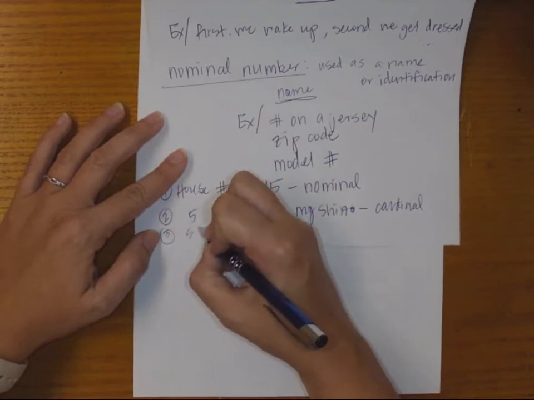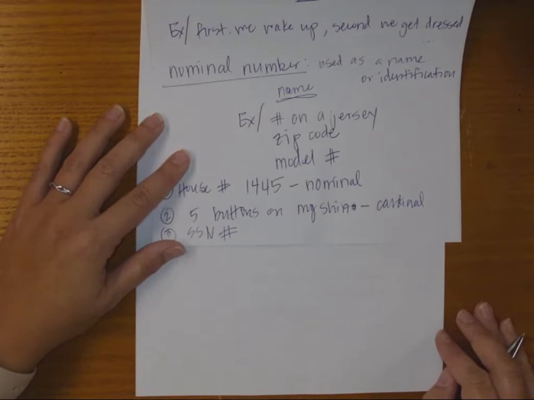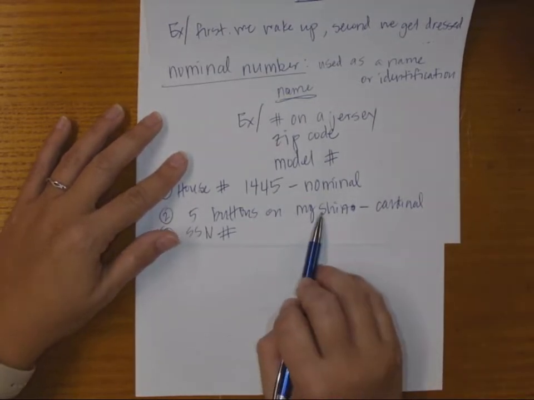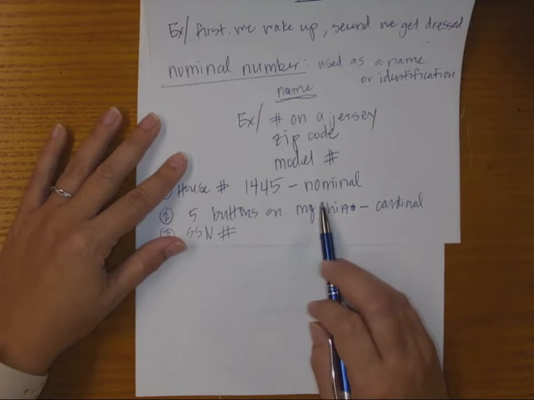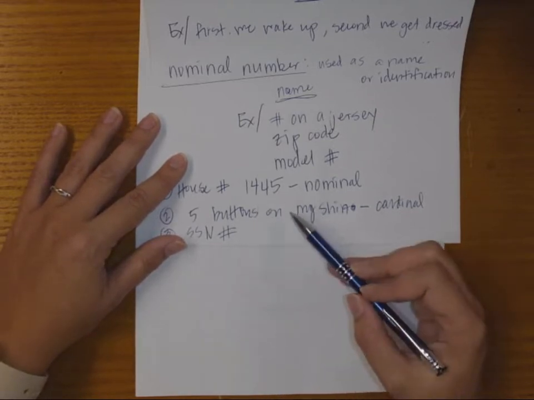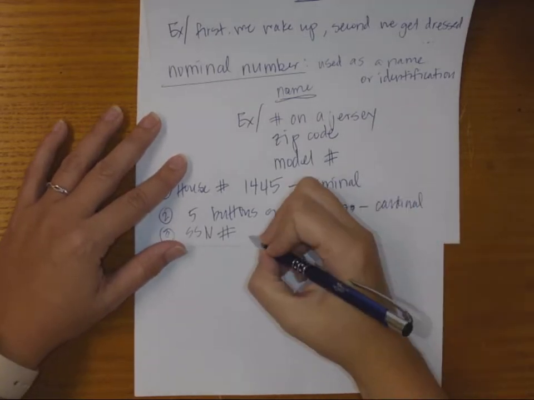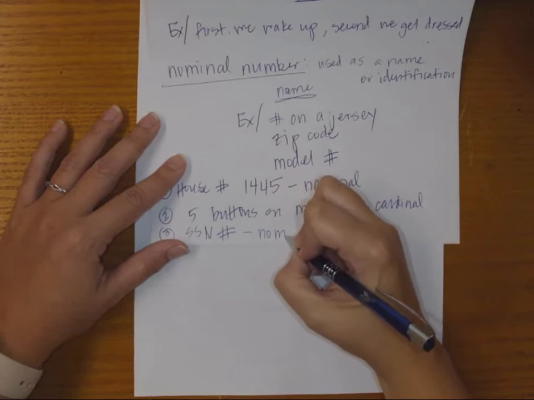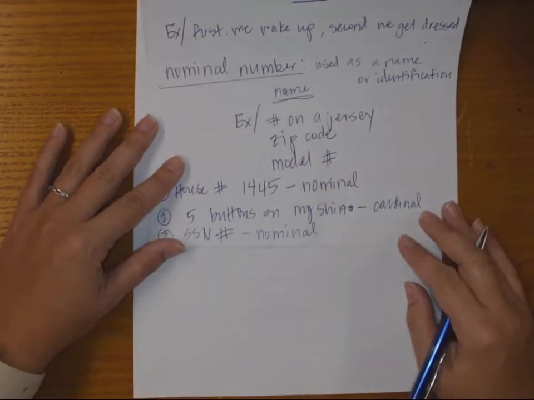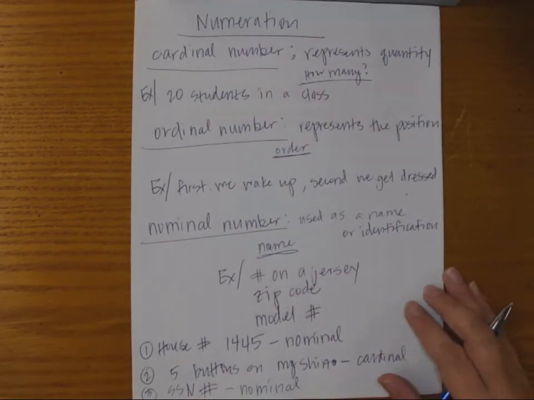I'm not going to tell you what it is, but does that social security number tell me that there's that many people, or a quantity? No. Am I that number, like that order of that number? No. It's just a nominal number. It's just an identification. Okay. Hopefully that helped a little bit going through those 3 types of numbers.